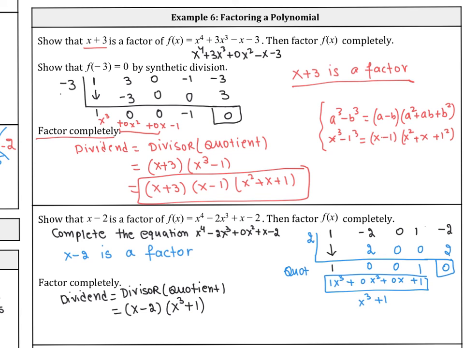That's the formula we just did in the previous example. So this is going to be x minus 2 times x plus 1 times x squared minus x plus 1. And this is going to be your complete factorization of this polynomial.